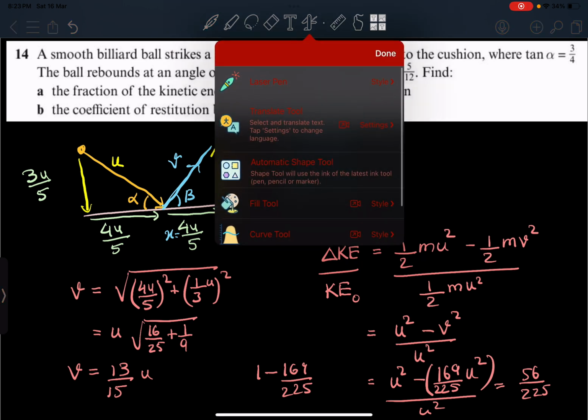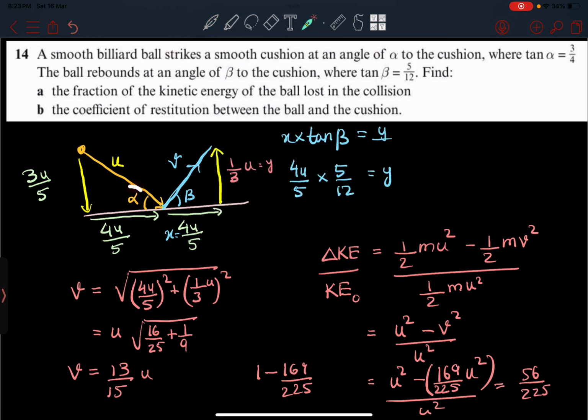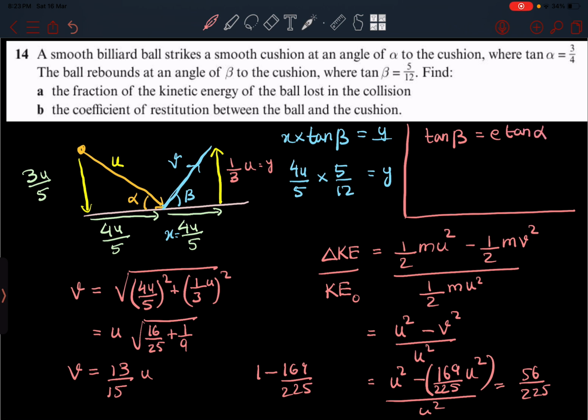We know the angle of approach is alpha and the angle of rebound is beta. So for part B, what connects the angle of approach and the angle of rebound is tan beta equals E times tan alpha, and this is pretty straightforward.